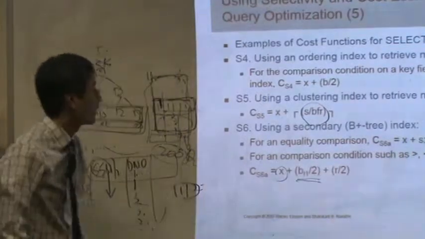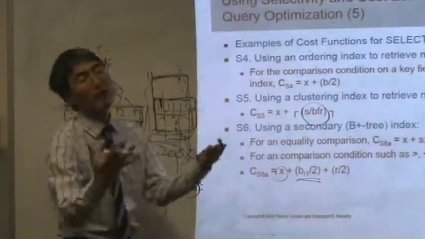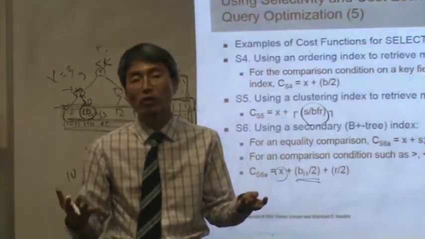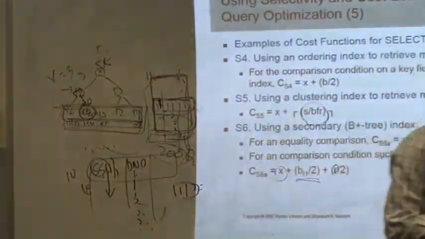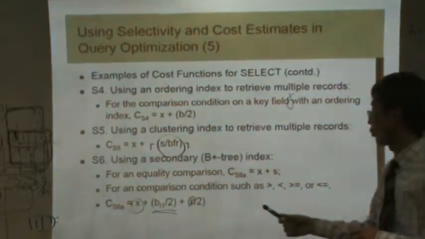Then R divided by 2 is the number of data, because we don't know how much data we are going to access in inequality. They are not sorted, it's not blocked. So this is the number of records divided by 2 in case of inequality.